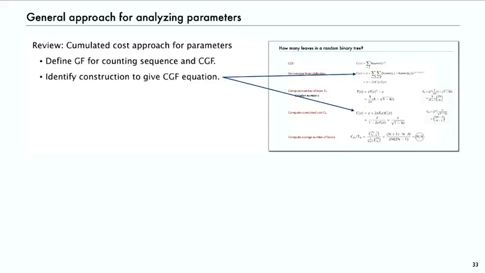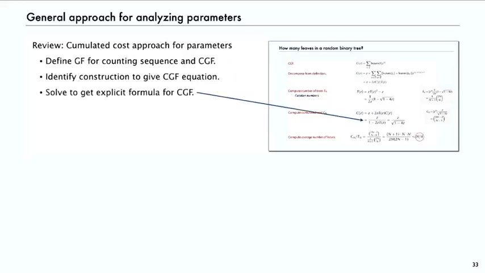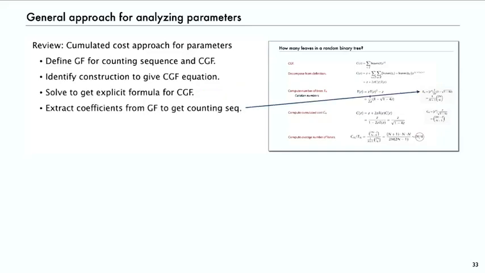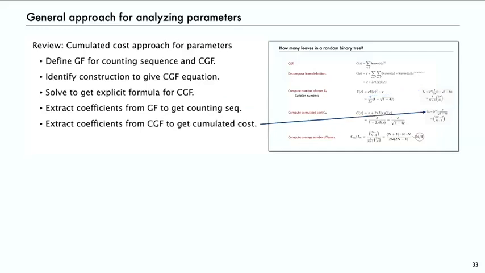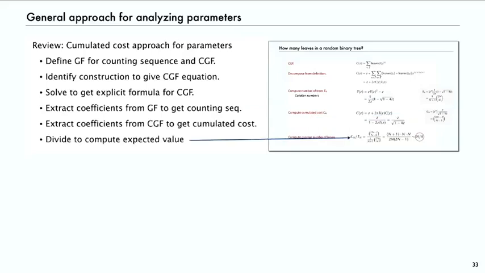And then we're going to have a construction, and the construction will give a generating function equation for the cumulated generating function. And then we're going to either solve to get an explicit formula or find another way to extract coefficients to get the counting sequence and the cumulated cost. And then we divide the cumulated cost by the counting sequence in order to get the expected value.